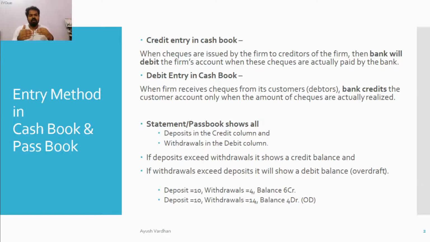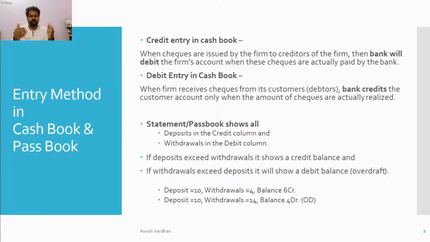Again, when we make a debit entry in the cash book, the same is the credit entry in the passbook. What happens when someone is paying you something? So you are getting a cheque. That is a payment. You have delivered some services to someone, or you have sold something. Then the person is paying you something.